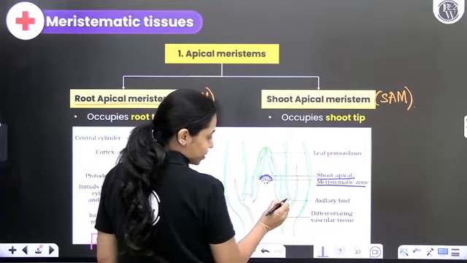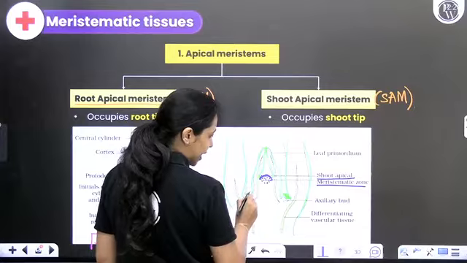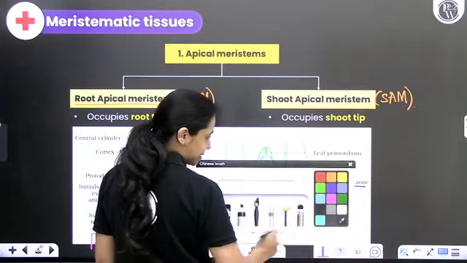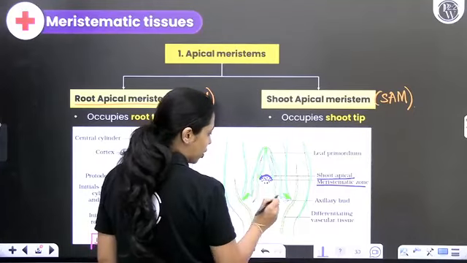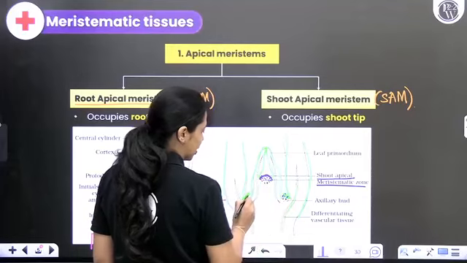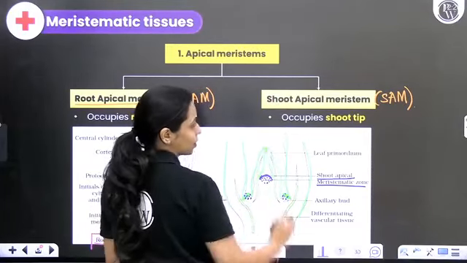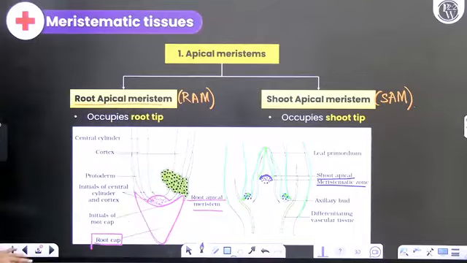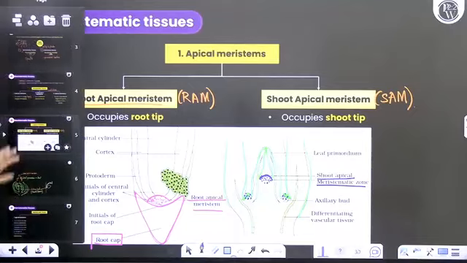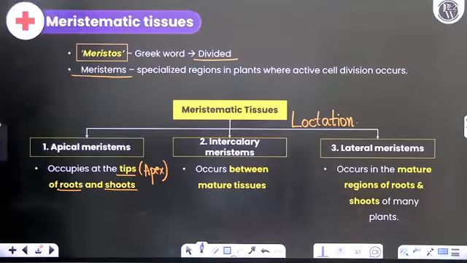At the axil of this leaf, you have an axillary bud here. How did this axillary bud form? From some of the shoot apical meristematic cells that were left behind as the stem started to grow. Okay, so that is about your apical meristem, root and shoot apical meristem.